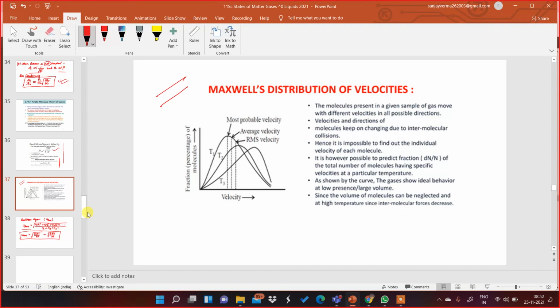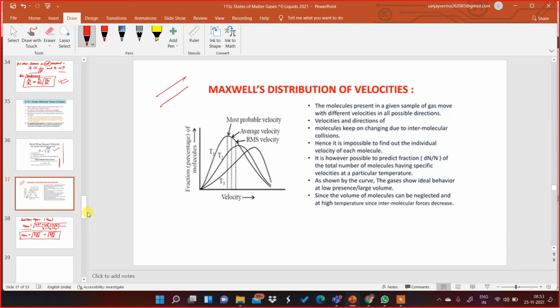If you look at this plot, fraction of molecules versus velocity, this is the curve over here. Most probable velocity is here, and these are the peaks: average velocity, root mean square velocity. Temperature 1, temperature 2, temperature 3.